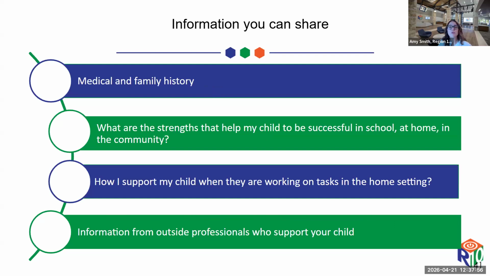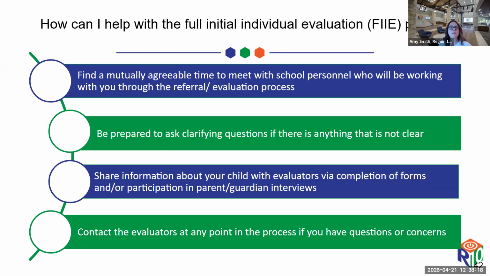The information you provide is a critical part of this process. Sharing information about family history or strengths you observe about your child or how they interact at home and community, or what support looks like at home, for example, when you're helping them to complete homework. All of this helps to assure that the FIE paints a full picture of your child.